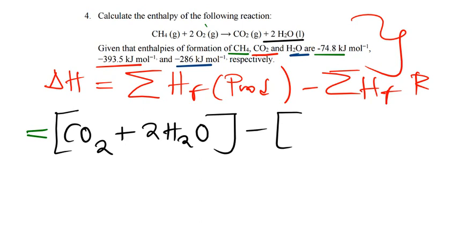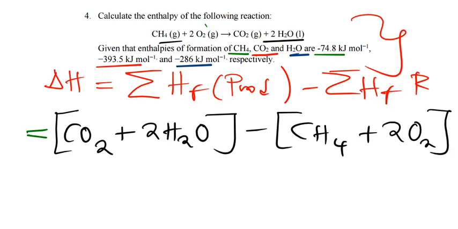For the reactants, we have methane and 2 moles of oxygen. So now substitute carbon dioxide. What's the value for carbon dioxide? It's negative 393.5, based on what the question is saying. And then water, since water was the last one listed, you go for the last value. That's negative 286.